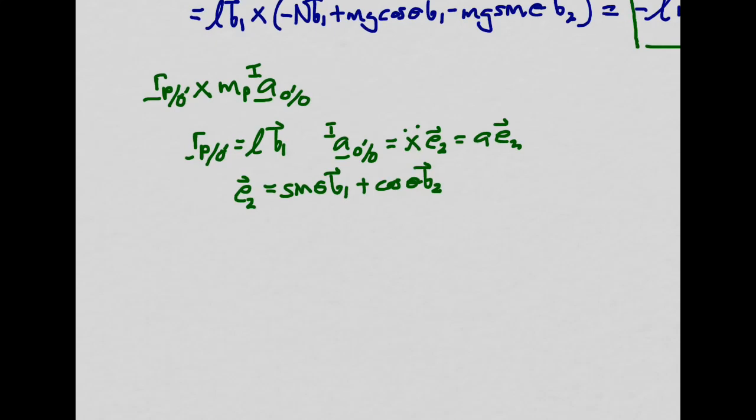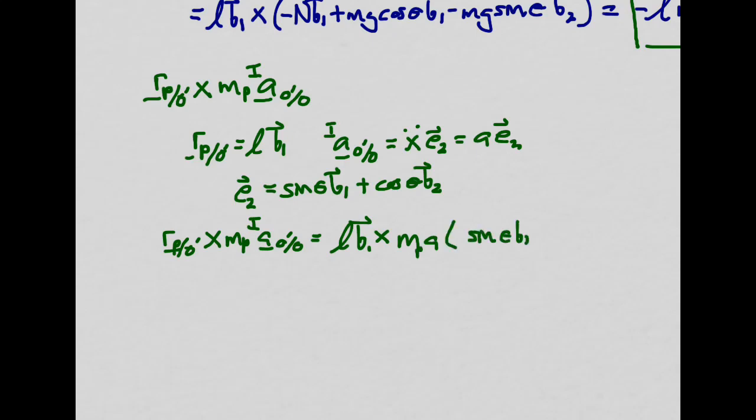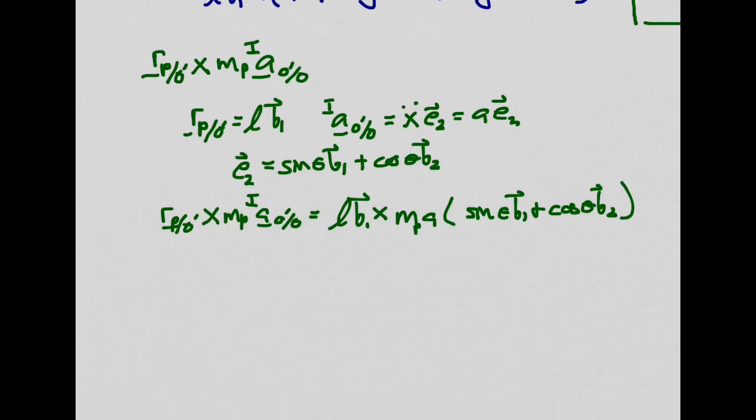So our expression here, r p with respect to O prime crossed with our mass times our inertial acceleration of O prime with respect to O, is equal to L in the b1 direction crossed with ma multiplied times sine theta b1 plus cosine theta b2. And so our final expression for our inertial moment is L times the mass of the particle times the acceleration cosine theta in the b3 direction.